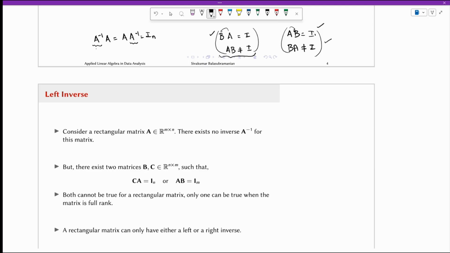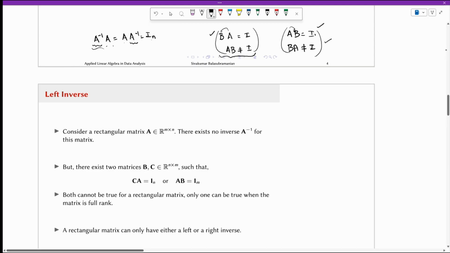When the matrix is square and full rank, it has both a right inverse and a left inverse, and both of them are the same. A inverse A equal to I means A inverse is the left inverse of A. A A inverse equal to I means A inverse is a right inverse of A. That happens only when the matrix is square.